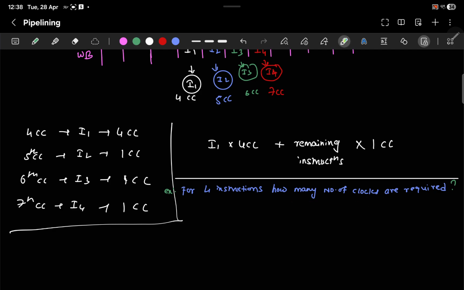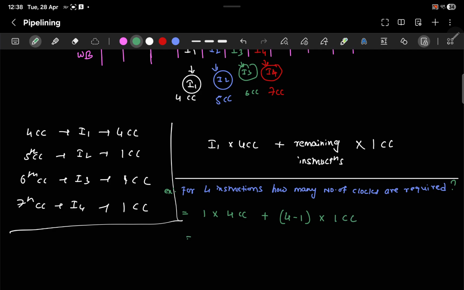Let's calculate using a formula. We know that the first instruction to come out will take 4 clock cycles, right? And for the remaining, that means 4 minus 1 instructions, it will take only 1 clock cycle each, right?